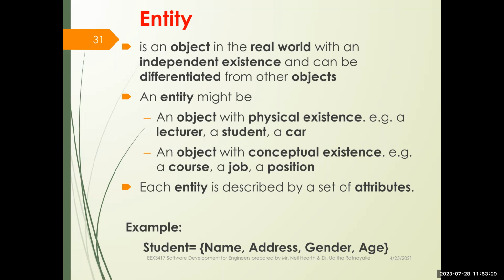Student name, address, gender, age: these are attributes belonging to the student. Name, gender, and age especially belong to the student, because if the student changes, the name, gender, and age are different. The address may be the same, because two students may stay in one place, but the name, gender, and age belong to one particular student.